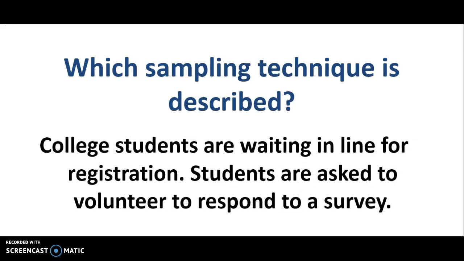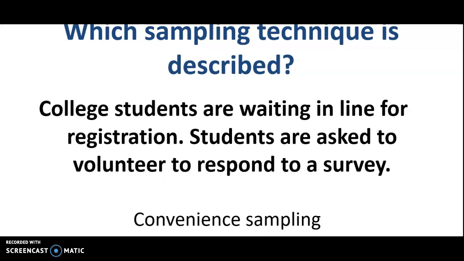Which sampling technique is described? College students are waiting in line for registration. Students are asked to volunteer to respond to a survey. Okay, so they're waiting in line. Students are asked to volunteer to respond. So what do we think that is? I'll pause. Well, that's known as convenience sampling. You're asking volunteers.